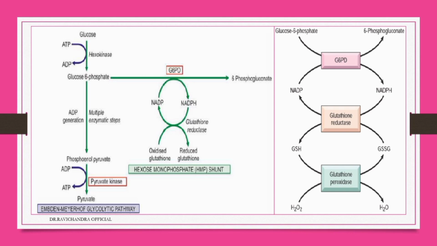This total cycle is called the Embden-Meyerhof glycolytic pathway, whereas glutathione reduction comes under the hexose monophosphate or HMP shunt pathway. So the conversion of glucose 6-phosphate to 6-phosphogluconate: if there is G6PD deficiency, there will not be any reduction of the glutathione.